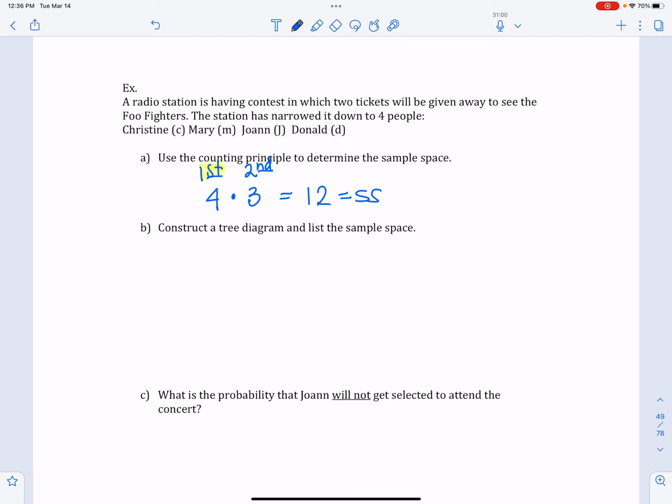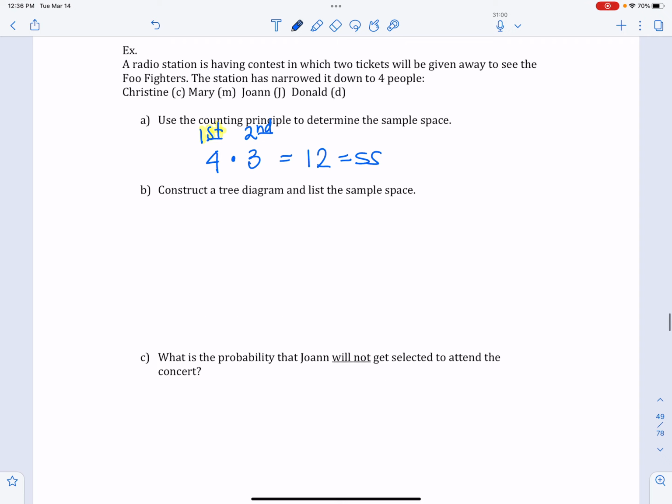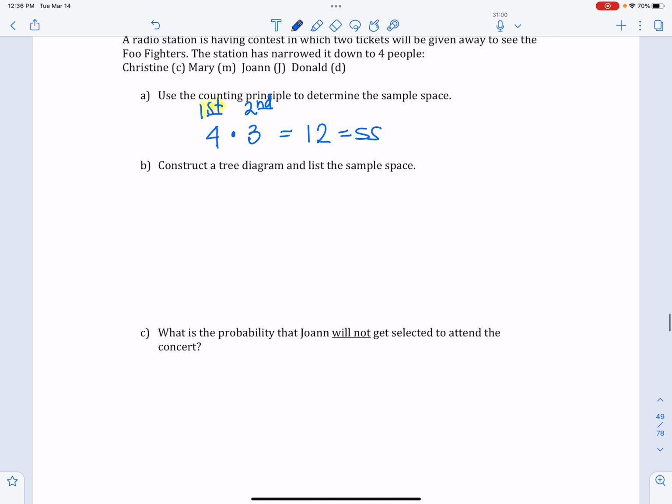So in order to figure out what those 12 different possibilities are, I'm going to do a tree diagram. So just like I said, the first ticket, the possibilities are Christine, Mary, Joanne, and Donald. Okay, so the second ticket, if Christine gets picked, then it could be Christine and Mary, Christine and Joanne, or Christine and Donald.